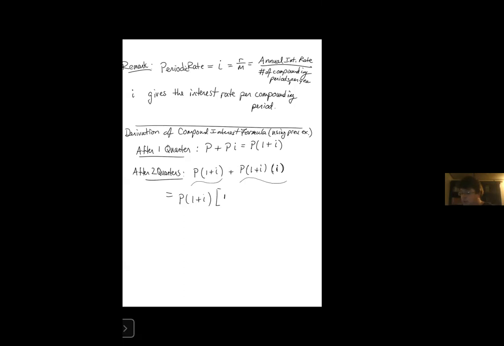You can relate what I just said, nothing is 1, to our group's discussion. You take a P and a 1 plus i from that second term, you're left with an i, and there's a plus sign in the middle. So we factored that out, and notice what's in the curved parentheses is the same as what's in the squared parentheses. So we can just write this as P times 1 plus i squared.